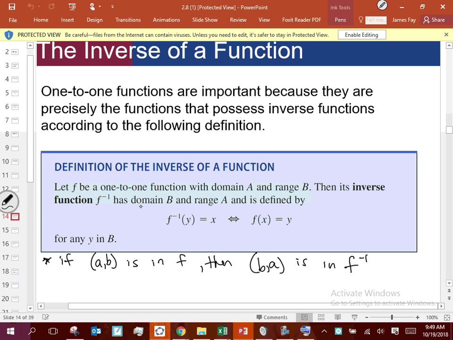Okay, so if 2 comma 3 is in f, so at an input of 2, f gives me an output of 3, right? Then in f inverse, using the input of 3 will give me an output of 2. See how the domains and ranges just flip-flop? Okay? That's what they're saying there in that blue box. Your domains and ranges, your x's and y's, they just change order. Okay?